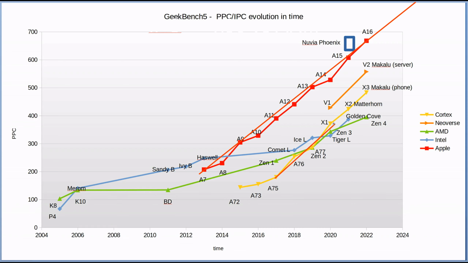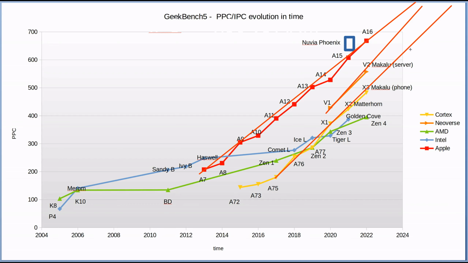Also, ARM's curve is even steeper. You can see they are running faster. They are actually trying to catch Apple, and if you look at the V1 cores, the Makalu cores, you can see that ARM is aiming for 2025 to probably reach Apple.